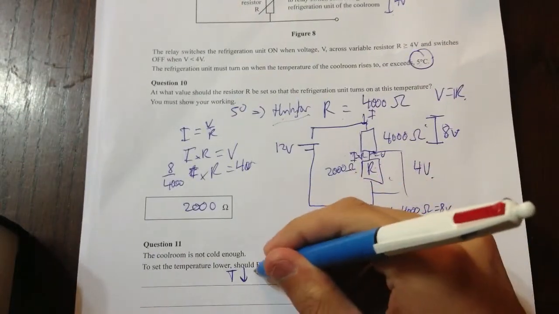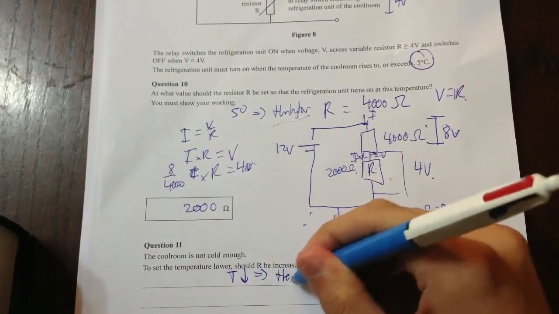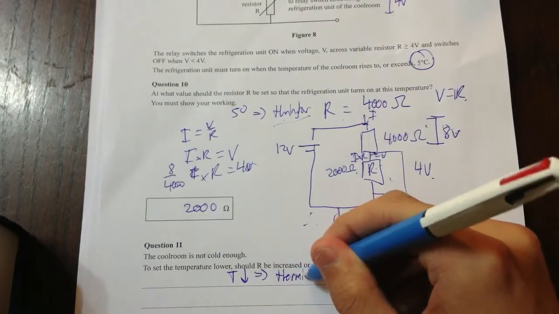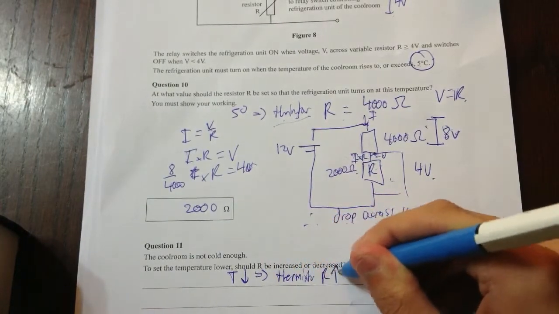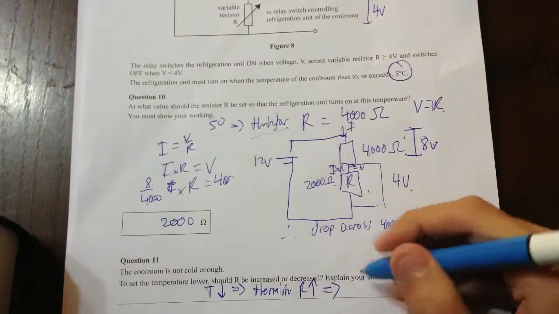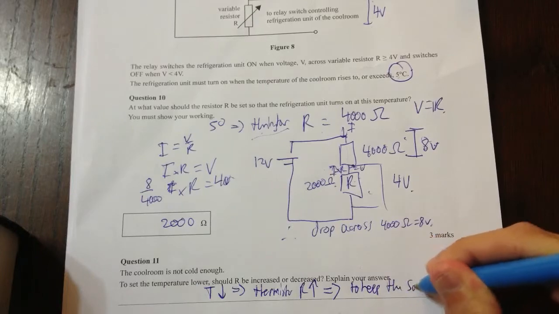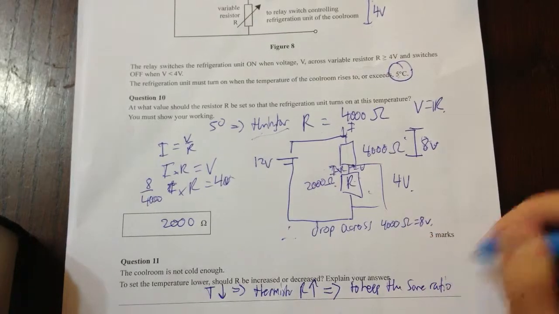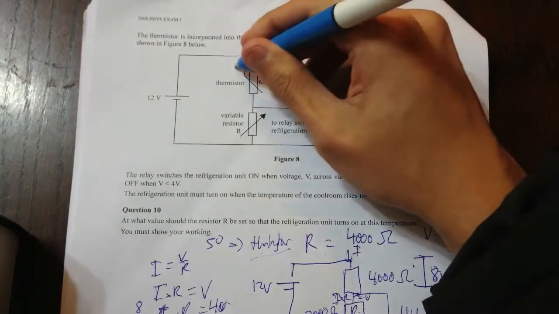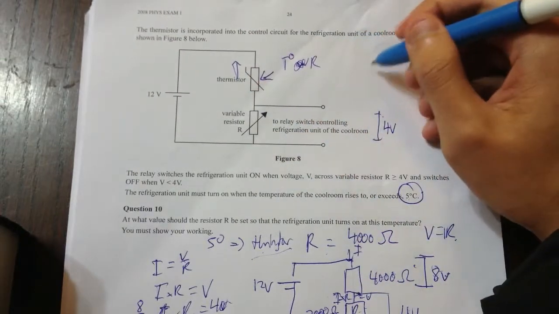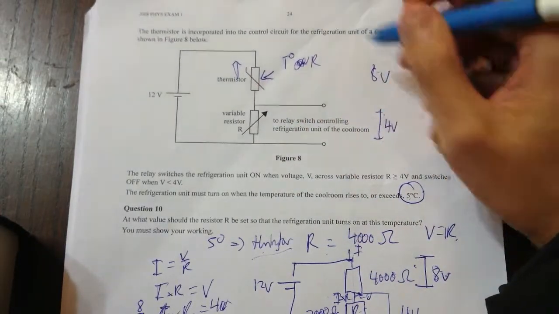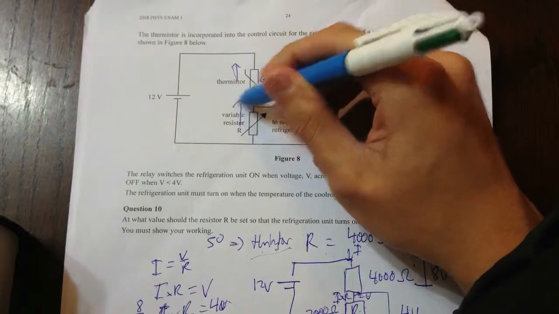Then that implies thermistor resistance goes up, and that implies to keep the same ratio. So if this goes up, and we still want this to be a ratio of 8 to 4, then this must also go up.